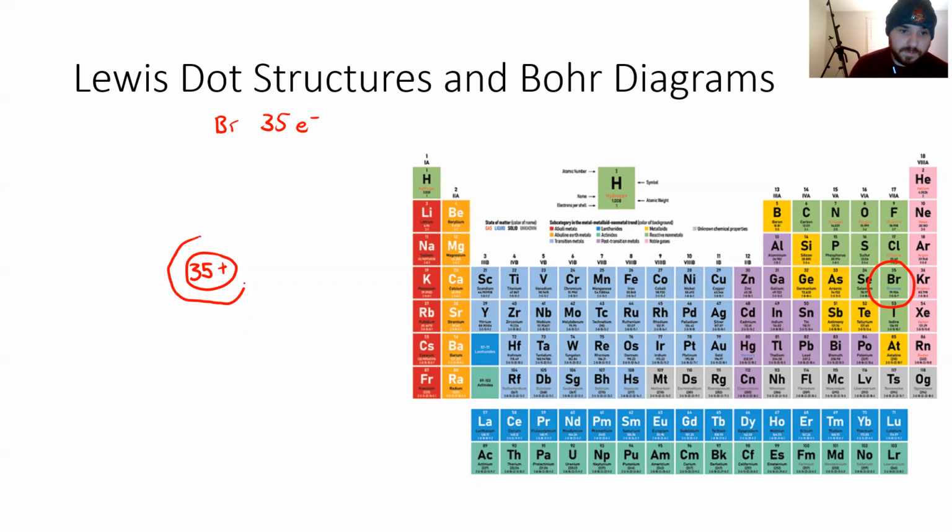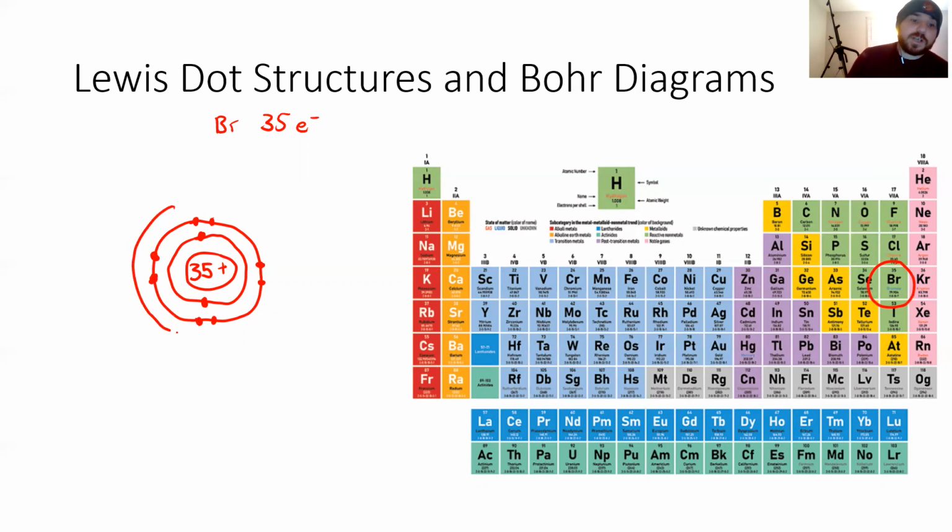First energy shell, as you can guess, that's our 1s orbital. We've got 2 electrons in it. Boom. Second energy shell, we've got 2s and 2p. So again, 1, 2, 3, 4, 5, 6, 7, 8.